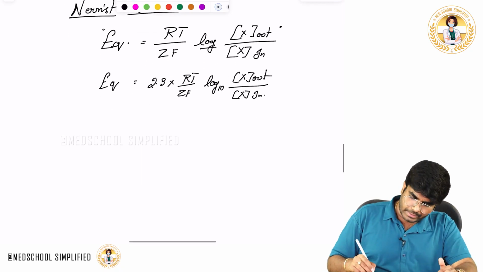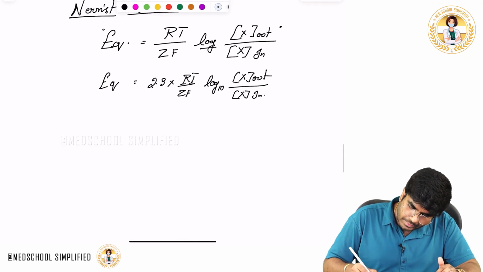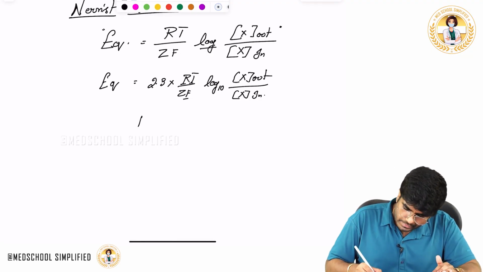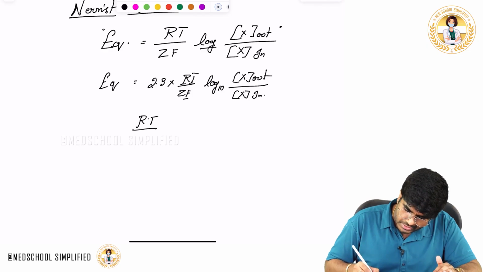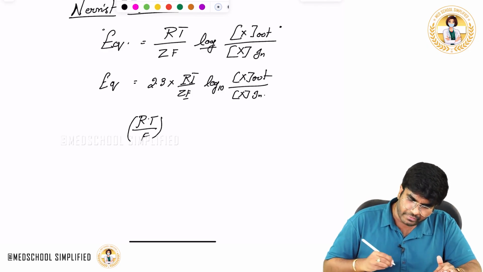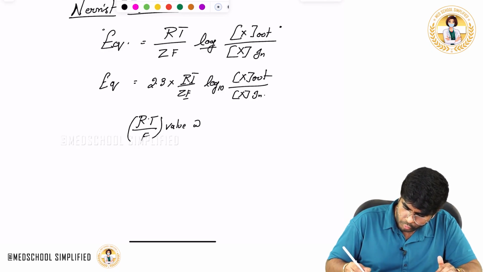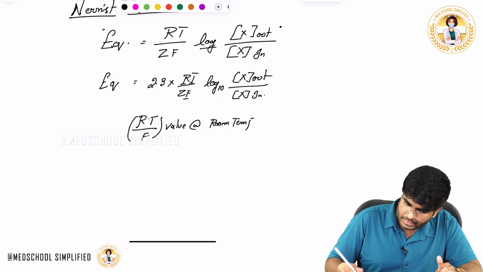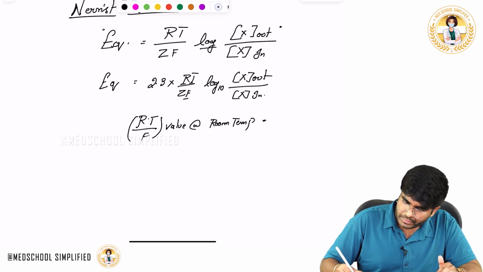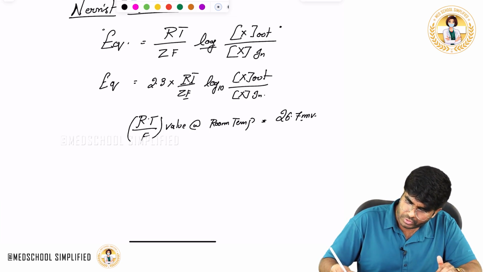See this RT by F value. R is the gas constant, T is temperature, and F is the Faraday constant. At room temperature, that's a constant value, and its value is 26.7 millivolts.